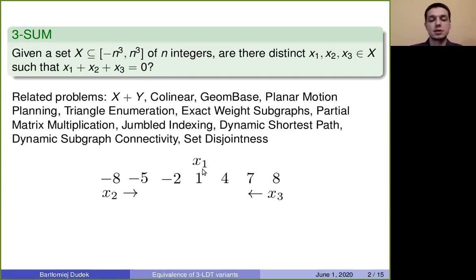Then we know that x2 plus x3 must sum up to minus x1. We can find them using the technique with two fingers: x2 starts with the smallest element, x3 starts with the largest element, and they move towards each other. This algorithm runs in n squared time.